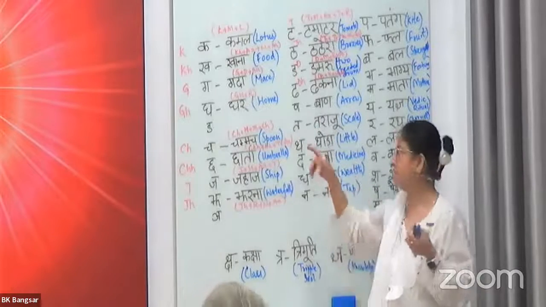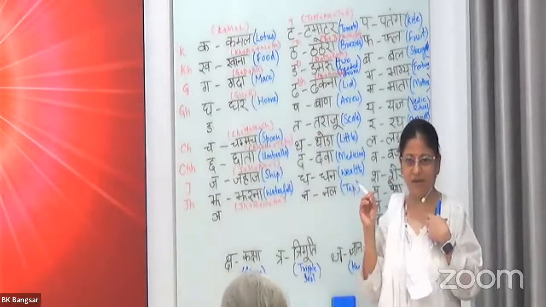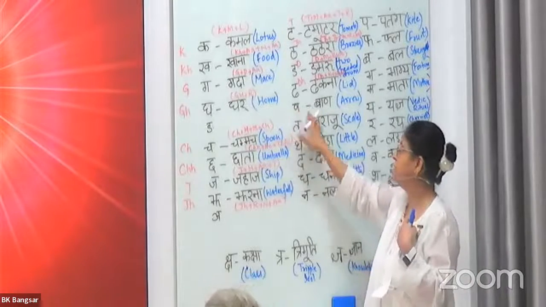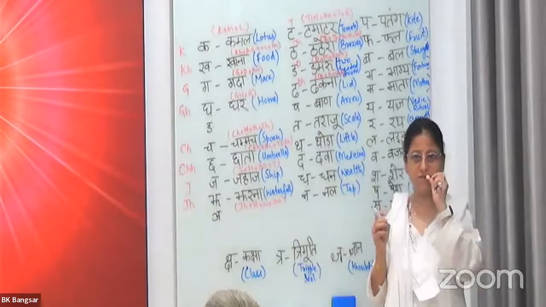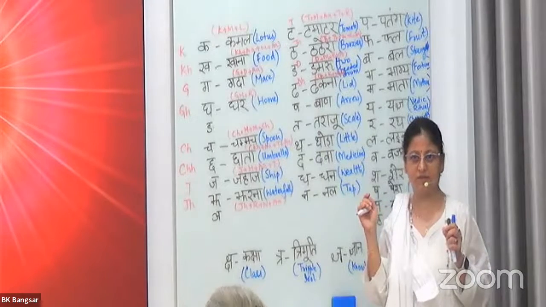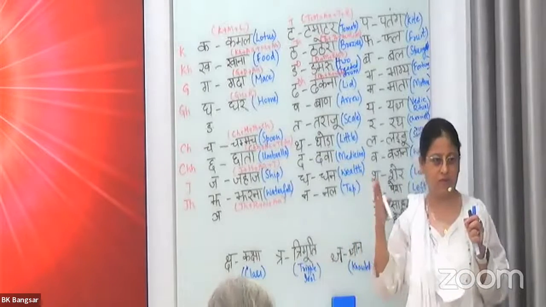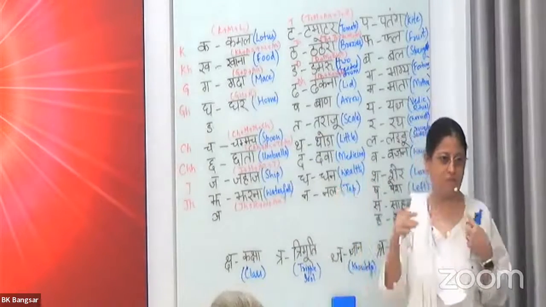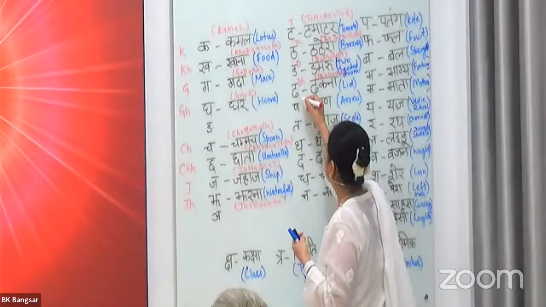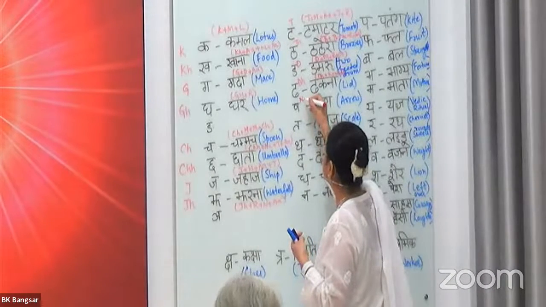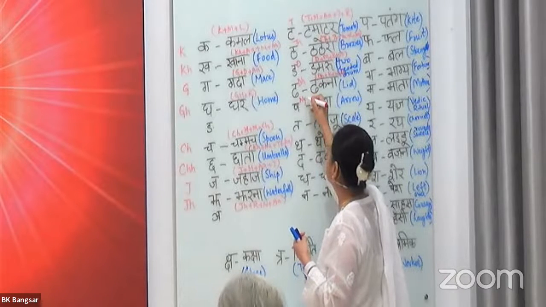Na. The other day I said my name has Na, Aparna. But there's no word that starts with this Na. It is always at the tail end. Words end with Na, but don't begin with it. The pronunciation will be Na.